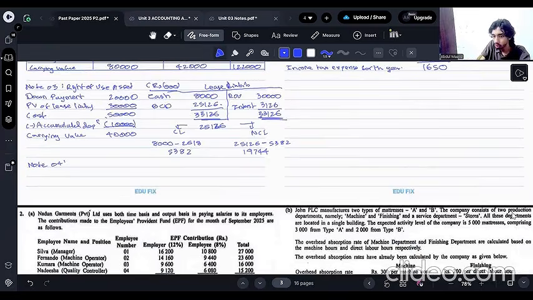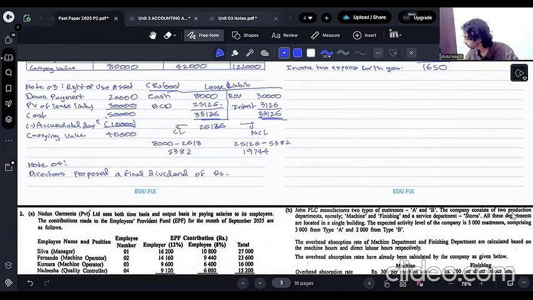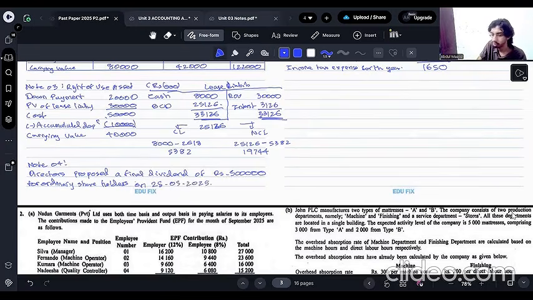Note number 4, you can say directors propose a final dividend of rupees 500,000 to the ordinary shareholders on 25th of May 2025. Okay, you can show that.